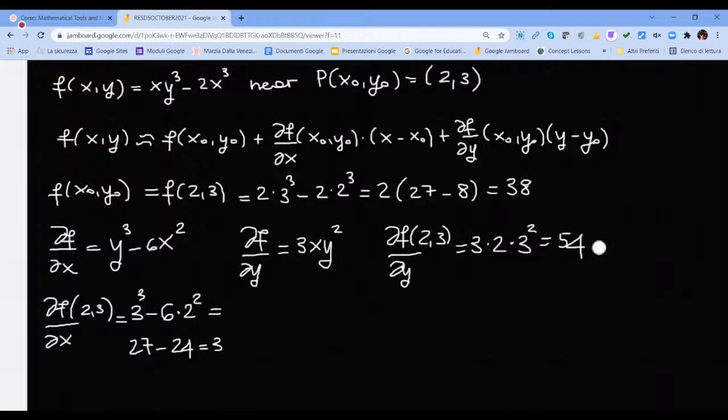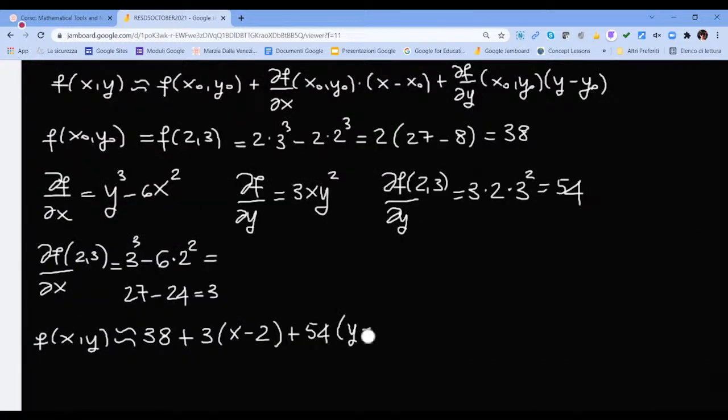So f of x and y is 38 plus 3 times x minus 2 plus 54 times y minus 3.